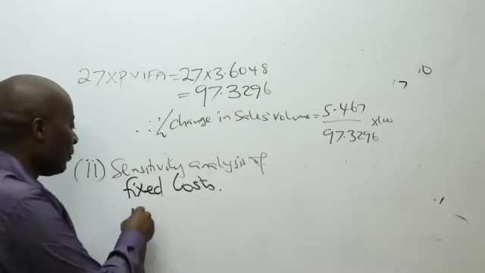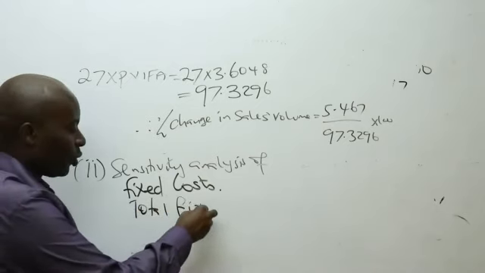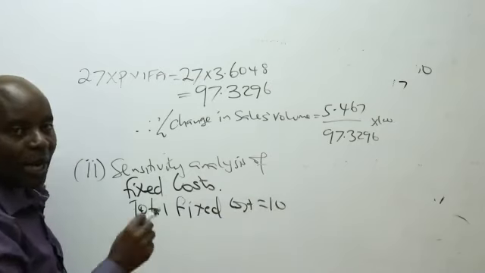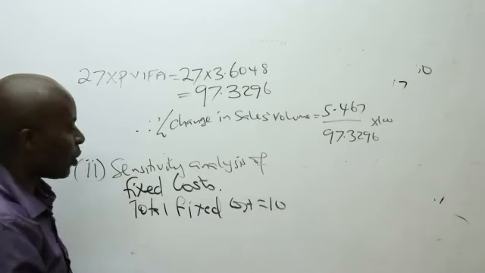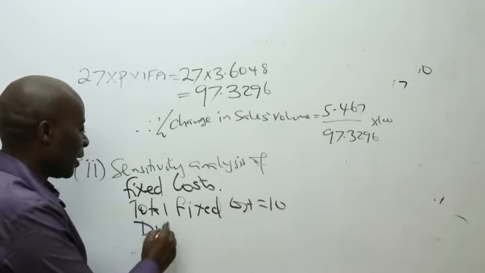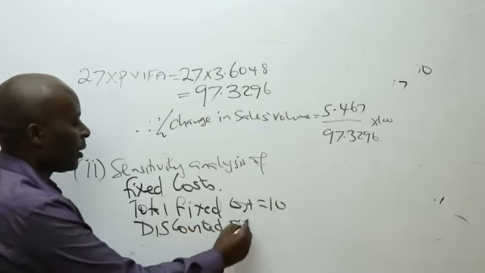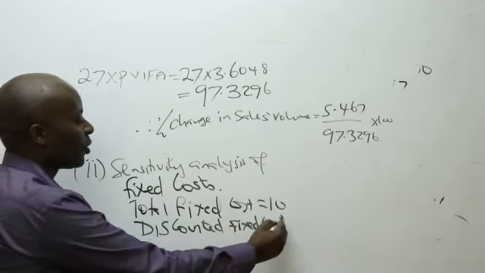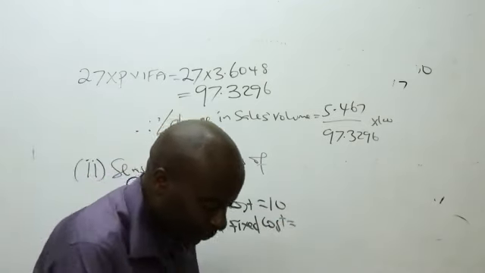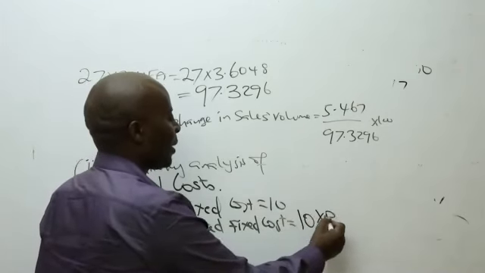Fortunately, I have the total fixed cost. There's no worry about this. We have the total fixed cost of 10. But now you see this one has to be present value. So come and present value this, give us the discounted fixed cost, which equals 10 times PV FA.